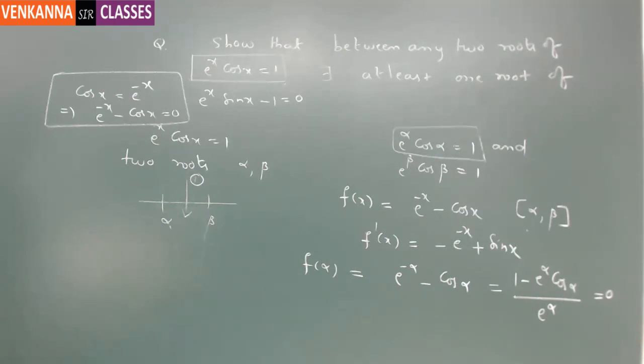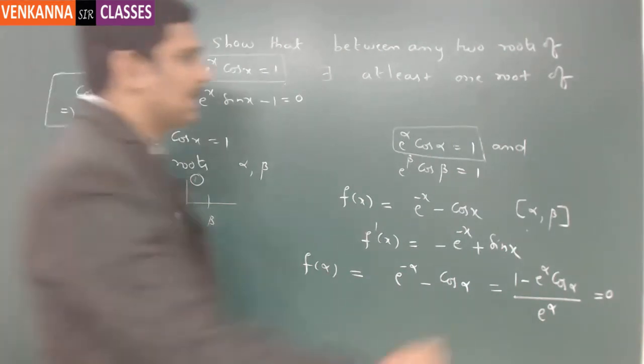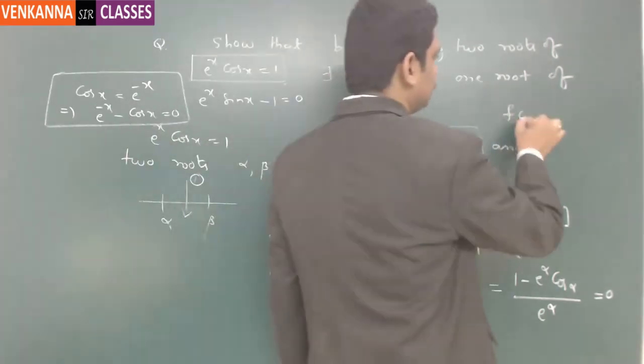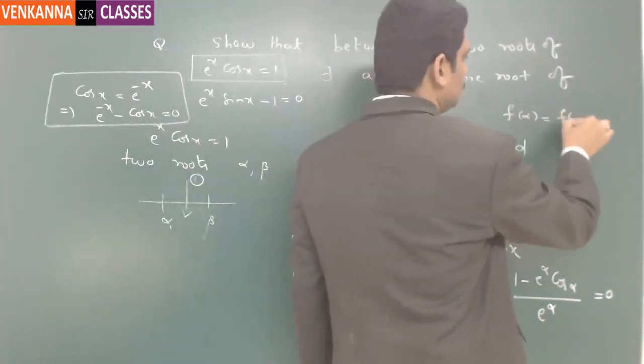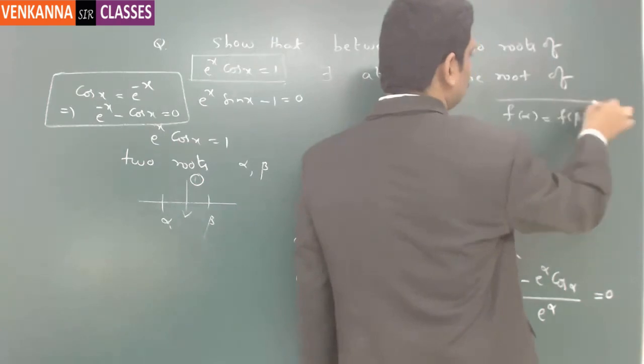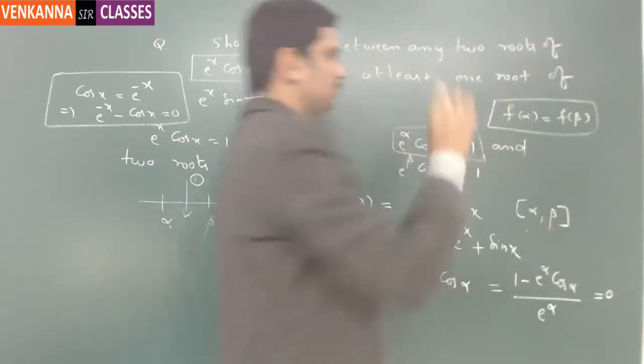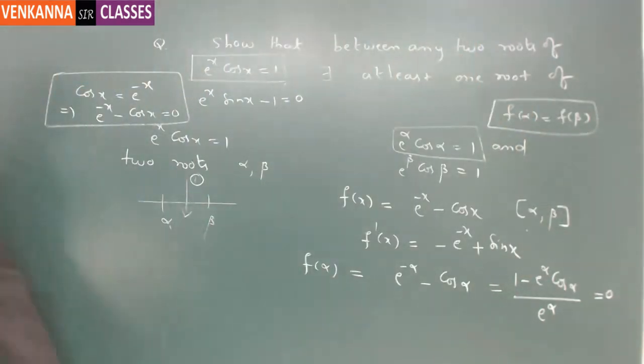So f of alpha is equal to f of beta is satisfied. Therefore, f satisfies all the three conditions of Rolle's mean value theorem. Hence, we can apply Rolle's mean value theorem for f on the interval alpha beta.